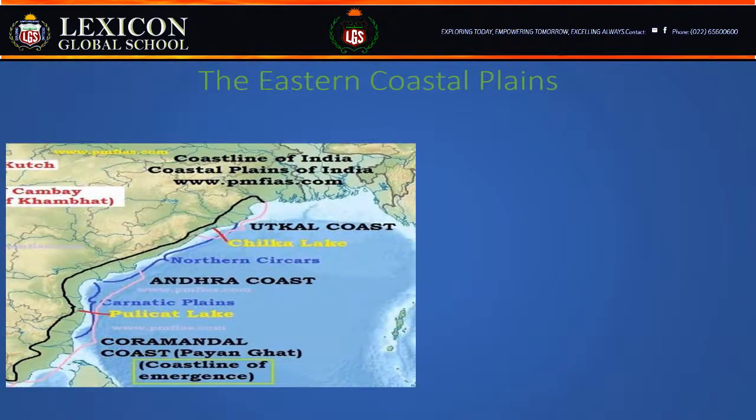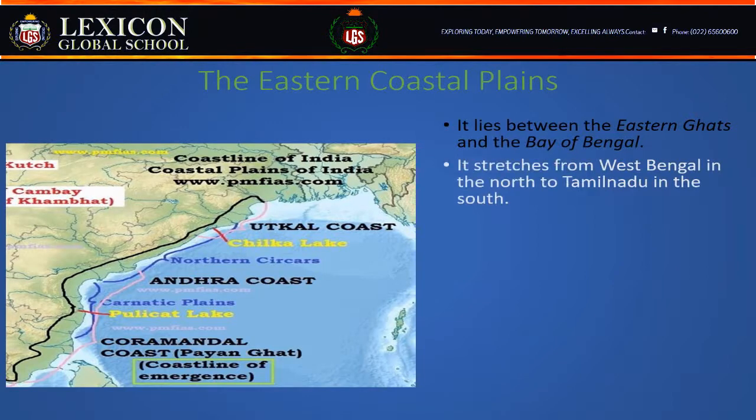As you can see here, the eastern coastal plains lie between the Bay of Bengal and the Eastern Ghats, and stretch from West Bengal in the north to Tamil Nadu in the south.